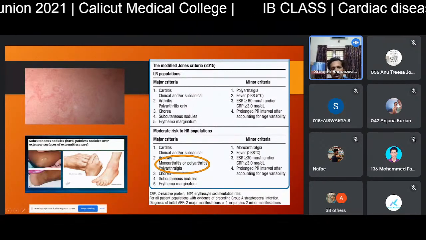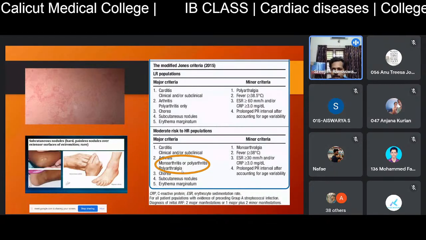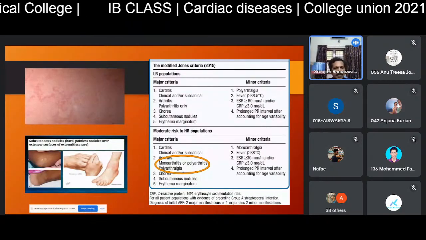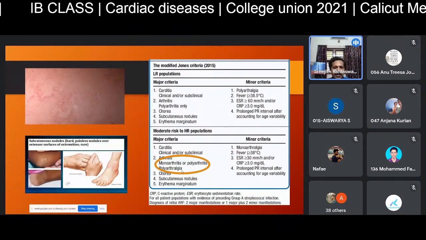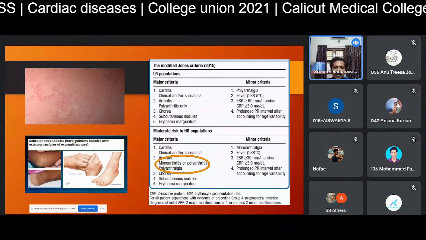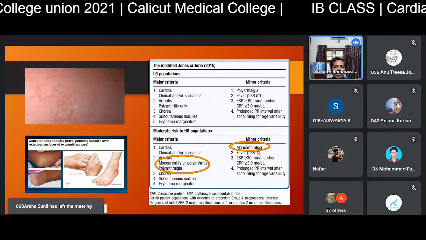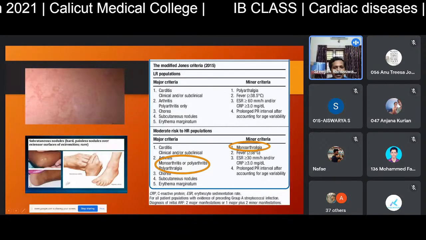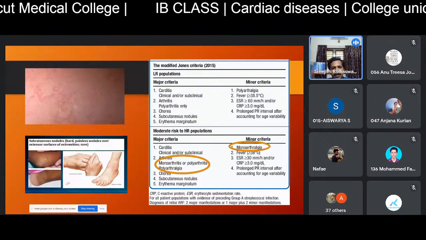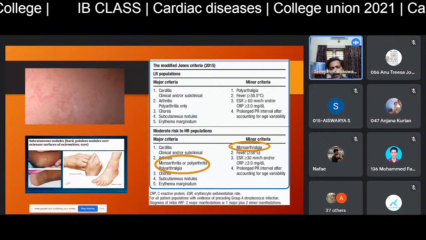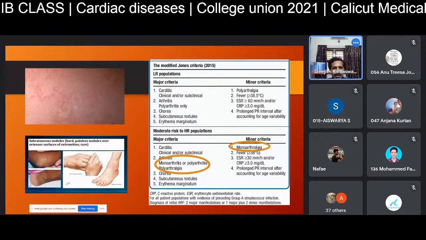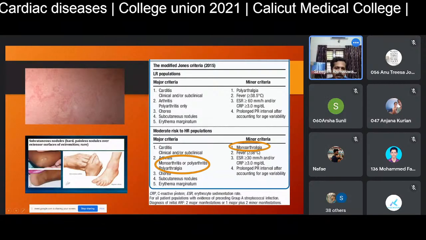So even if there is no arthritis, arthralgia or monoarthritis is enough in the case of a high-risk population. In the minor criteria, instead of polyarthralgia, monoarthralgia can also be taken as a minor criterion. So those are the changes made in the revised Jones criteria in 2015. That is the latest revision, the most recent one.